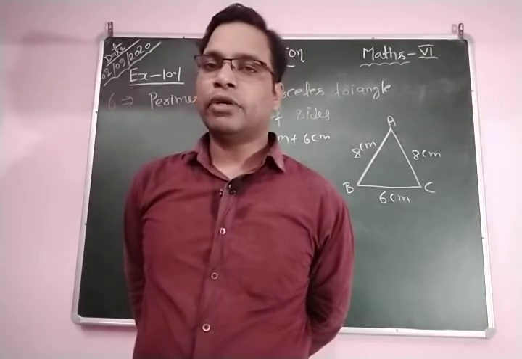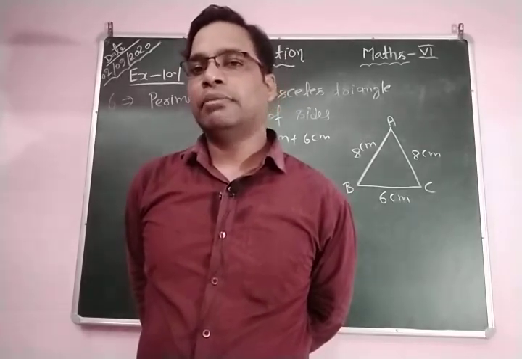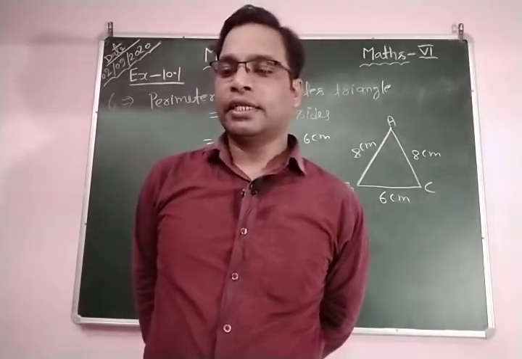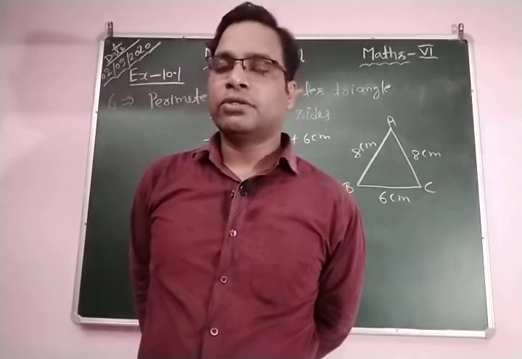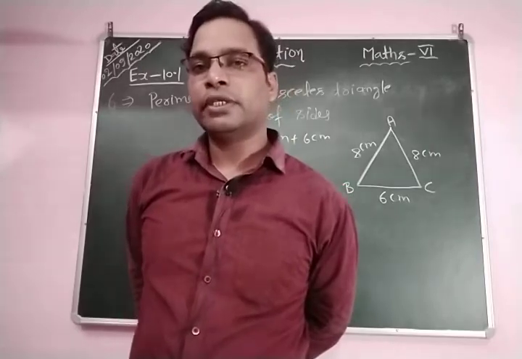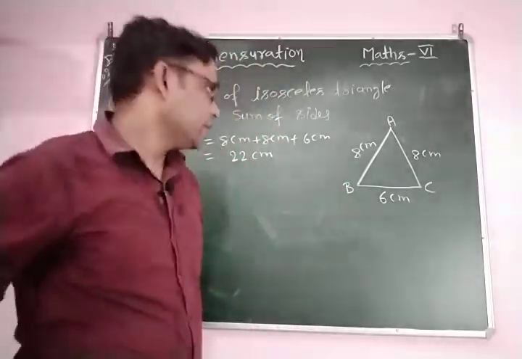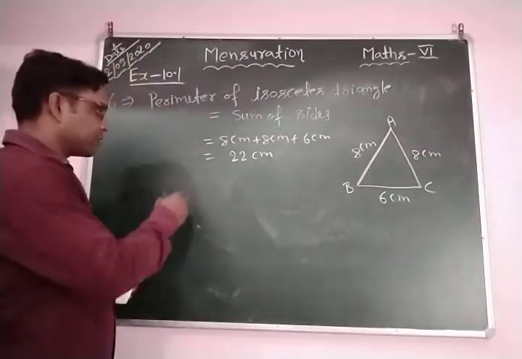For this we use the formula: perimeter of triangle is equal to sum of sides. This is a type of triangle called a scalene triangle, where all sides are different. The sides are given here: 10 centimeters, 14 centimeters and 15 centimeters.